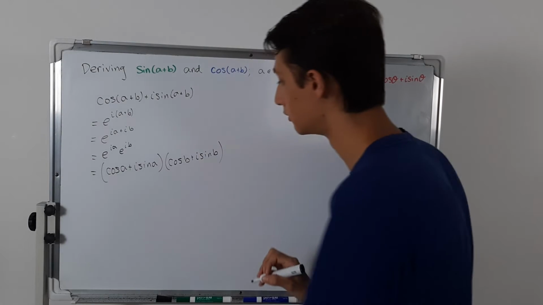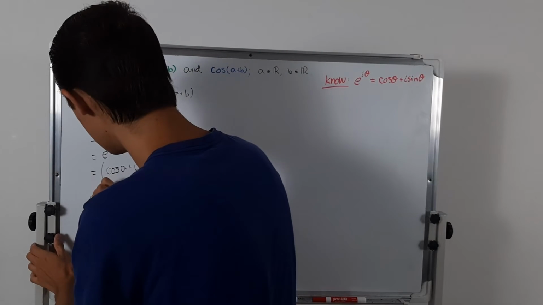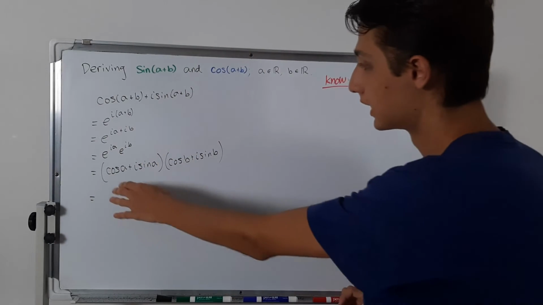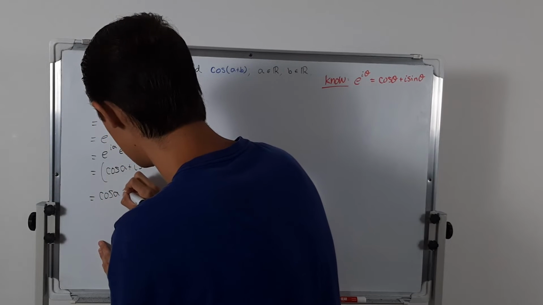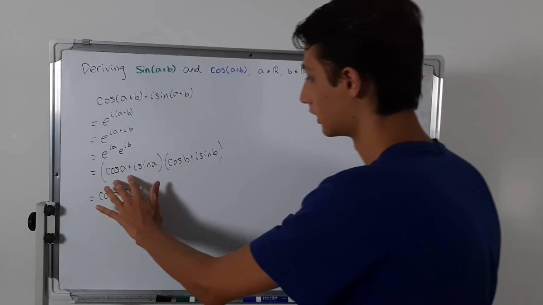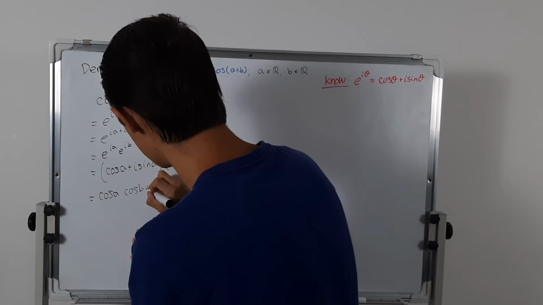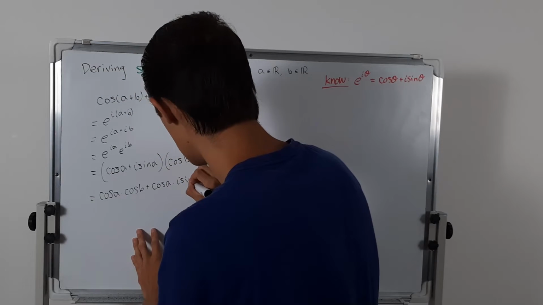Okay, so then from here, we can just multiply out. So let's just make sure we do this properly. So we get cosine of a times cosine of b, plus cosine of a times i sine of b.